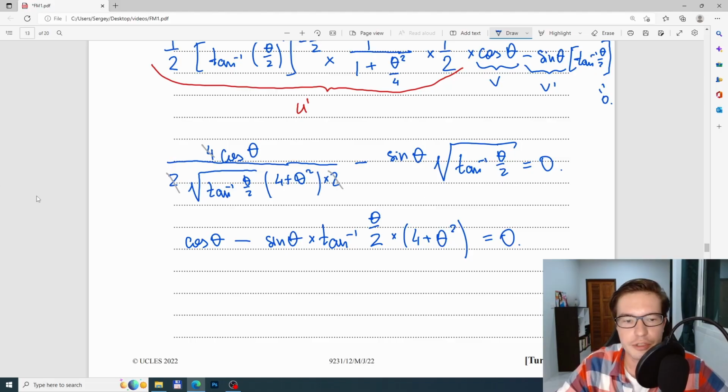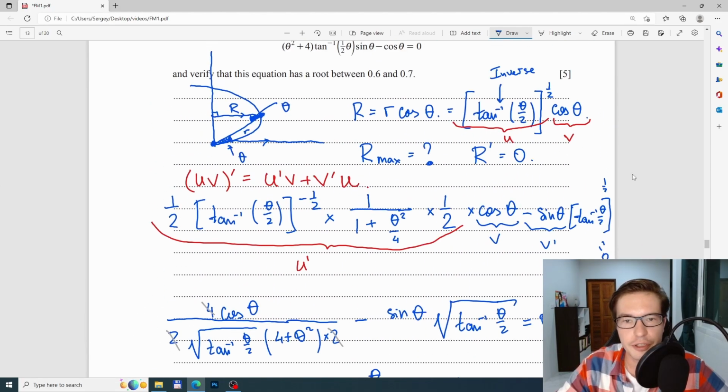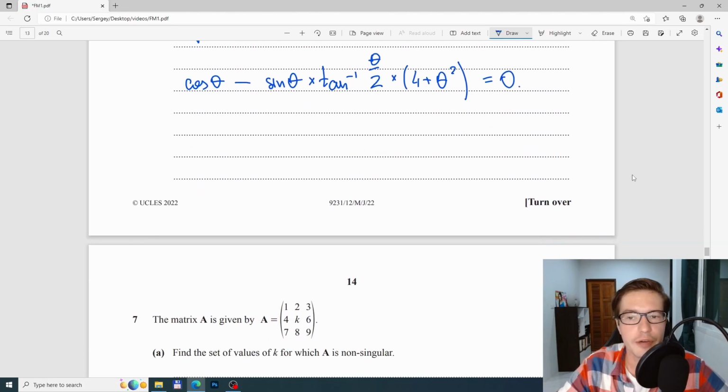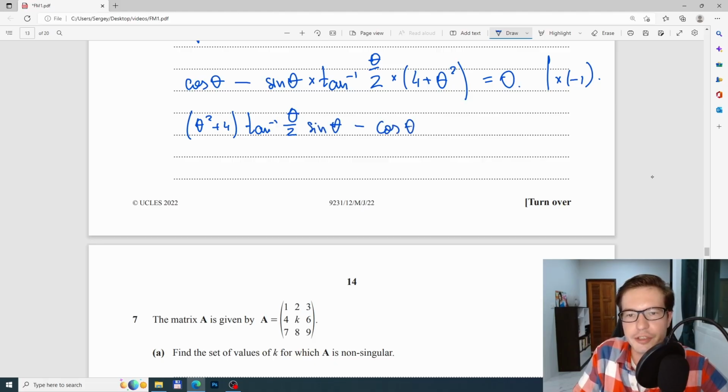Is it something close to what we had to show? It is very close, apart from the fact that we have to multiply by minus 1. So let's do that, and we'll get theta squared plus 4 times the inverse tangent times sine theta, and then minus cosine theta equals 0. That's exactly what we had to show.